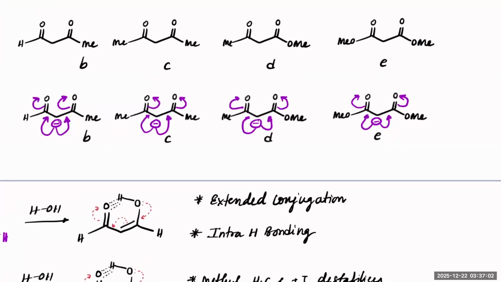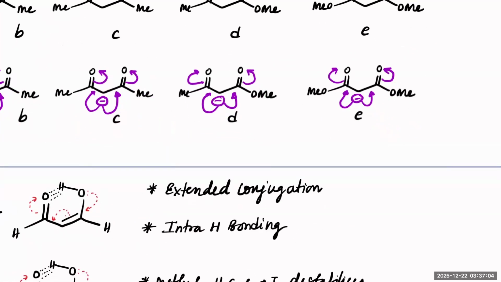Now notice the last two cases. When you actually have OMe here, which has a lone pair on its own, this lone pair is also trying to make a resonance, and that will make a much stronger resonance as compared to that of the carbanion which is forming. Because this carbanion is already splitting into both directions. But here the lone pair on oxygen will be only in one direction.